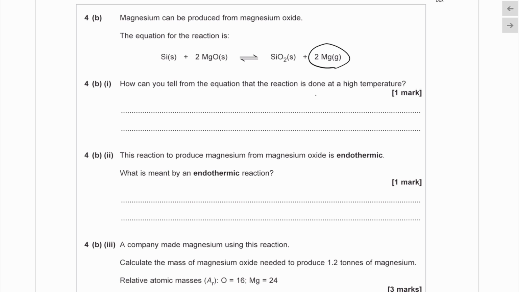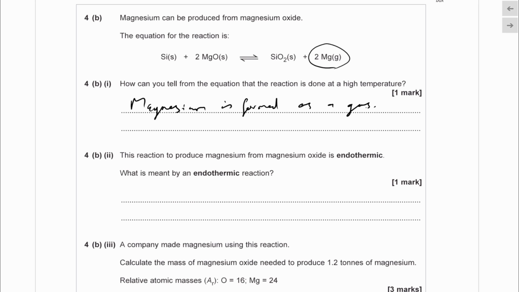This is ringing alarm bells because magnesium is a metal, and if that metal is a gas, then obviously that is a really high temperature. So what we're going to say is that magnesium is formed as a gas, and that's all we need for 1 mark.